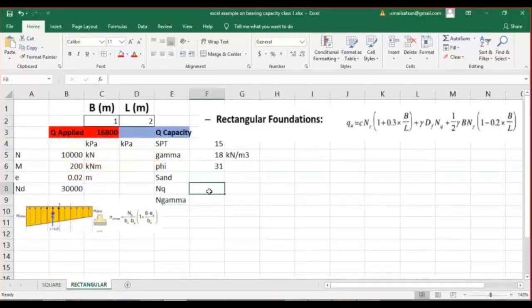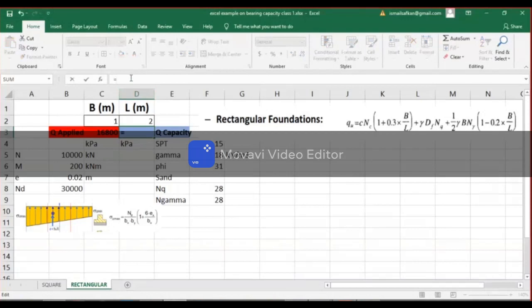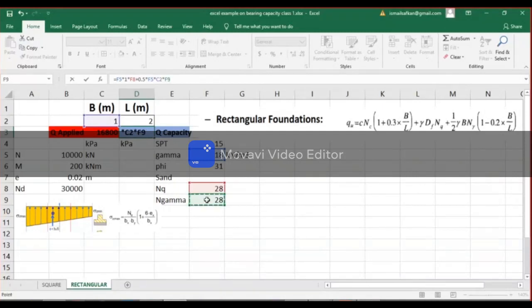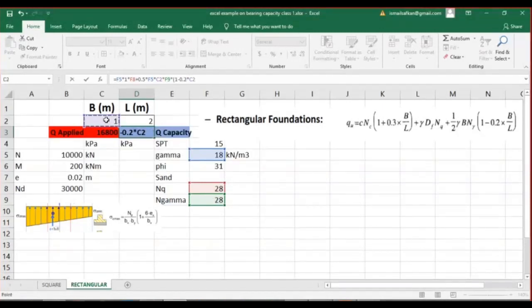Both of them are 28, Terzaghi coefficients. N_q plus 0.5 times gamma again times the B dimension times N_gamma times, open the bracket, 1 minus 0.2 times B divided by L. Close the bracket.